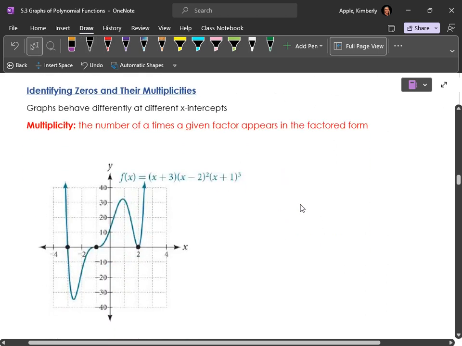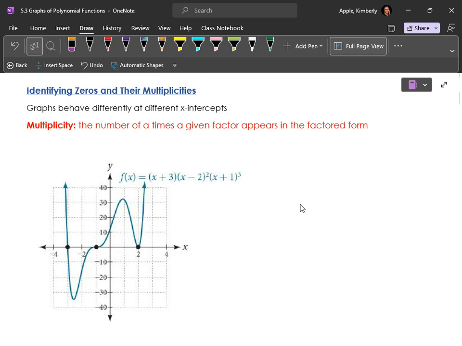So the next part is a new vocabulary word you probably hopefully remember from Algebra 2. We want to talk about zeros and their multiplicities. Graphs tend to behave differently at a different x-intercept, and that's going to be dependent on the multiplicity of that 0. And all that means is the number of times that a particular factor or 0 appears in the factored form.